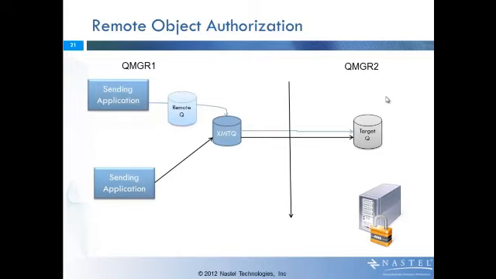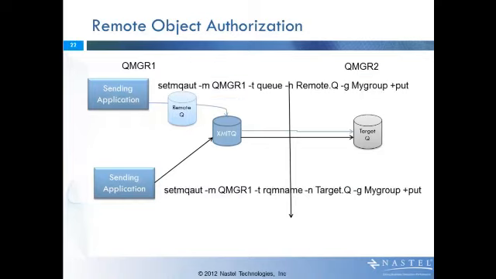Now, from an MQ authorization perspective, the remote queue on Queue Manager 1 here is actually a local object. It's a local object that just happens to be the definition of a remote queue. So this topic doesn't apply to it. It applies to the second example where the object, target queue in this case, is in fact a remote object to Queue Manager 1. So we now have two definitions that are similar but different.